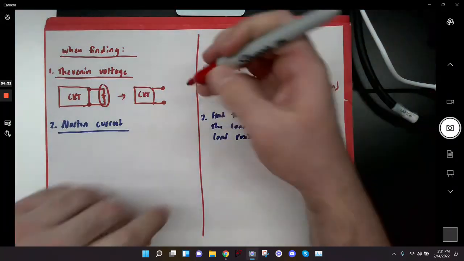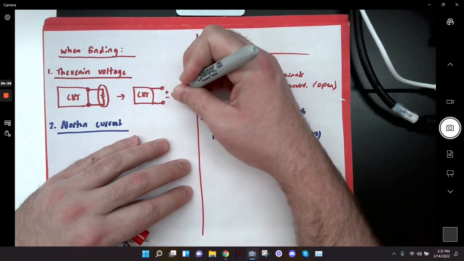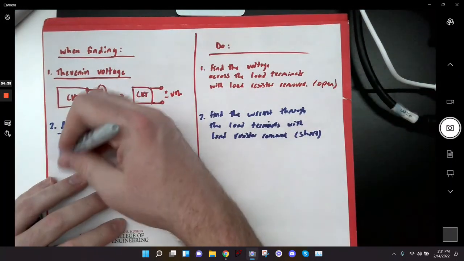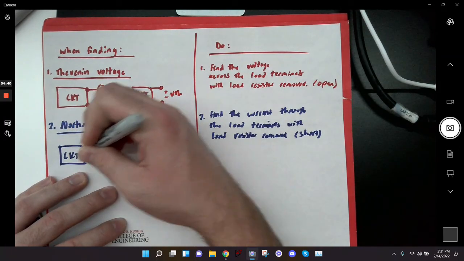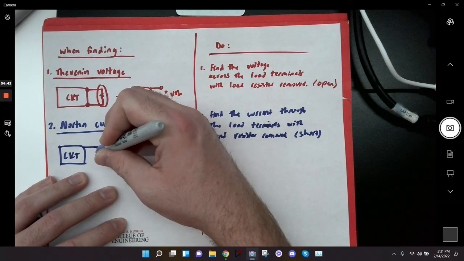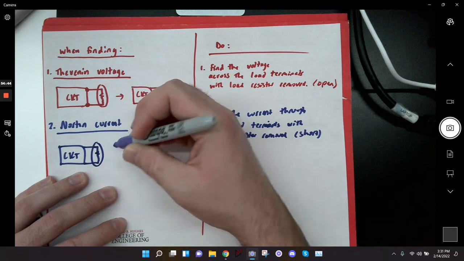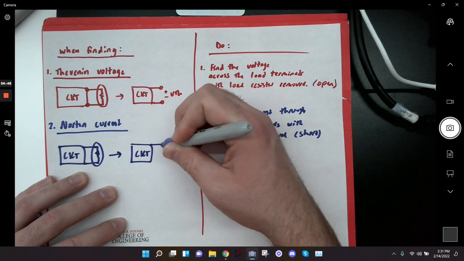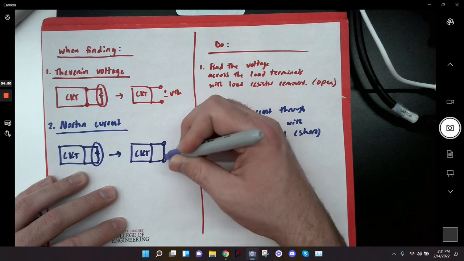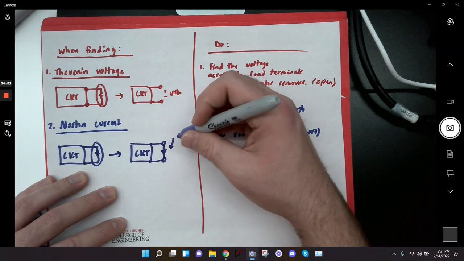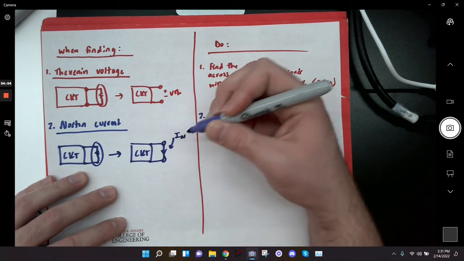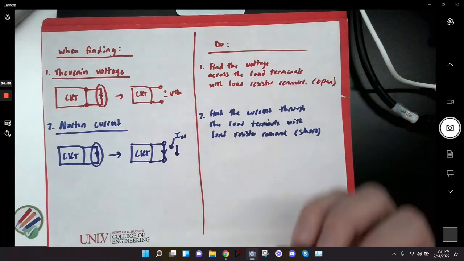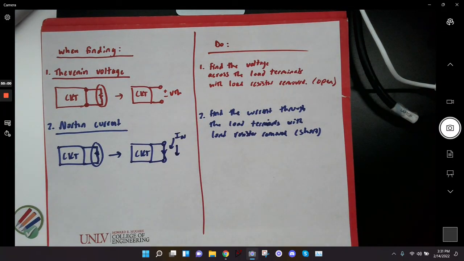So this was a voltage. Over here, this is my circuit. I've got my load, I pull it out, and now what I have is a short. And then the current is the Norton current, basically my current flowing down through there.